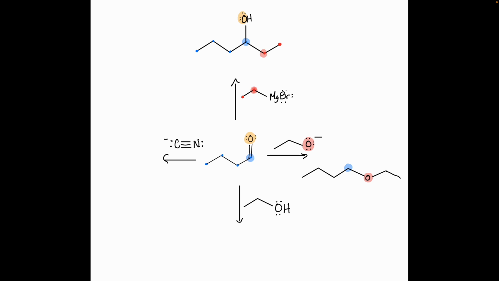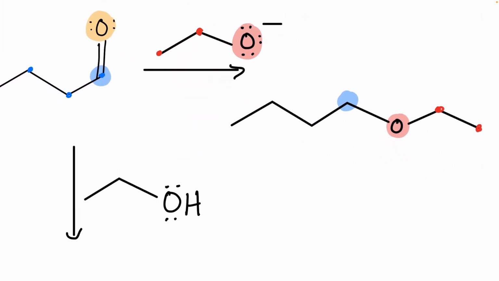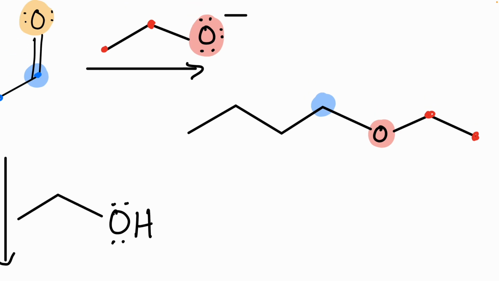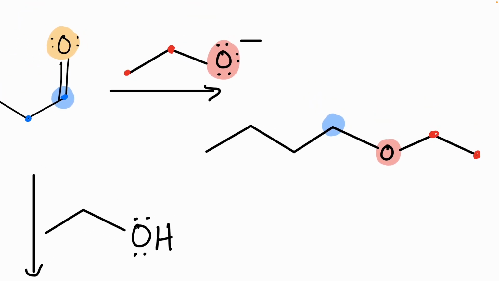Okay, it still has those 2 carbons on there. Right, these 2 here from my nucleophile. Okay, and now just focusing on this red oxygen for a second. It was negatively charged as my nucleophile. What's the charge going to be when I add it? Neutral, right? It's going to lose that negative charge. To be clear, this pair of electrons right here, actually you could choose any one of them, but one of those pairs of electrons is now going to be used to create your new bond, right?